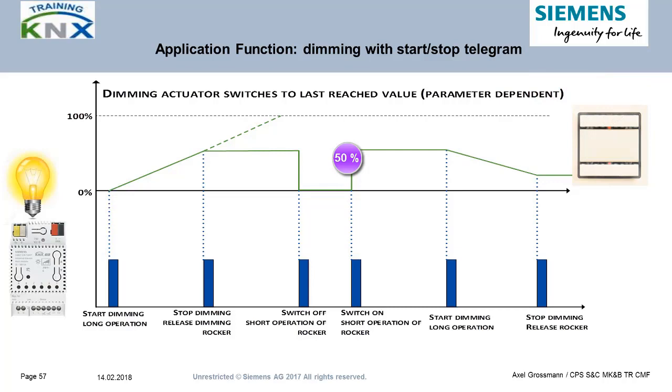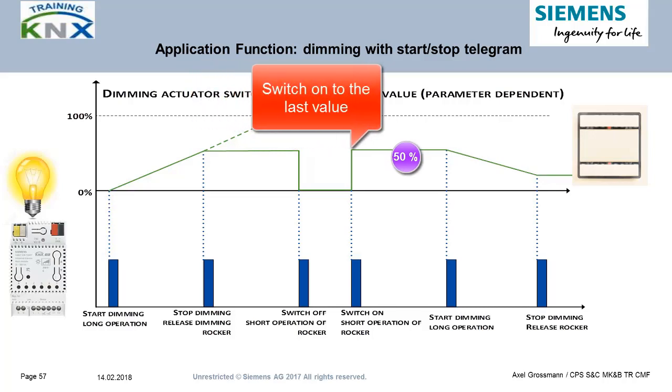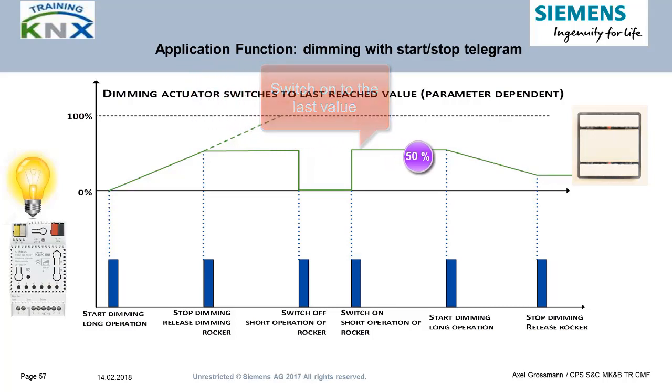But what will be the result? To what dimming value will the actuator go? With KNX dimmers, you can usually determine to what value the actuator will go when switched on, be it fully on or 100%, another fixed value, or the last value before the last switch-off action.